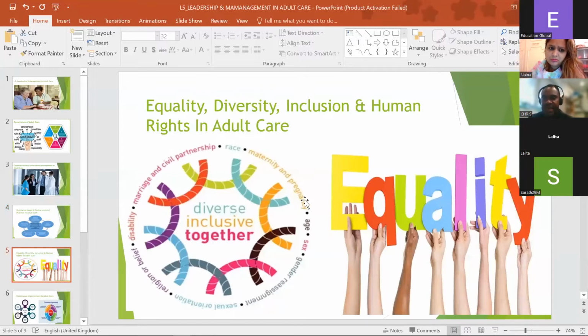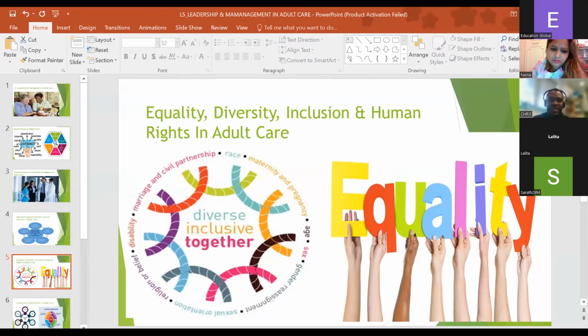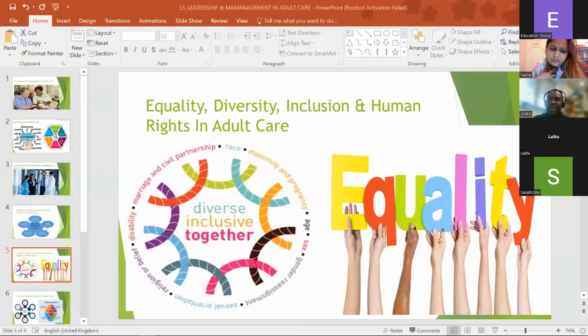This is one of the simplest and easiest units. Equality, diversity, inclusion, and human rights in adult care. Very, very simple units. We'll be defining the various terminologies in relation to equality, diversity, inclusion, and human rights. We'll be looking at their importance in relation to ensuring the dignity of each individual service user, no matter what they are suffering from, no matter what is going on with them.